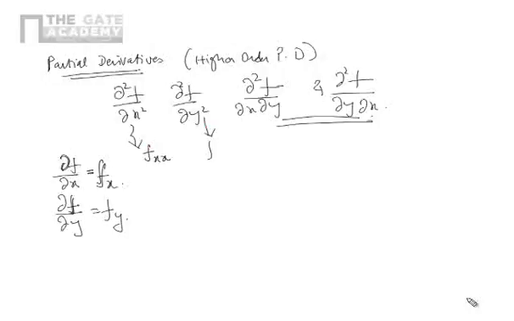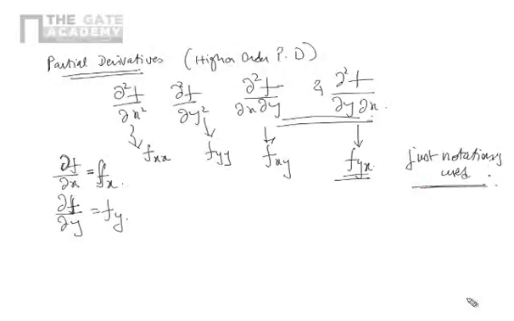Dou square f by dou y square, I will call it as fyy. So no surprises for guessing, it will be fxy, and this will be fyx. These are just notations used. This is used in many books also, so let us use the same notations.